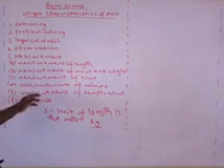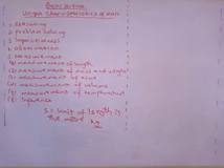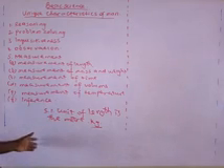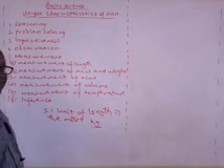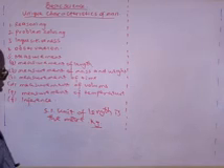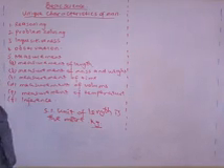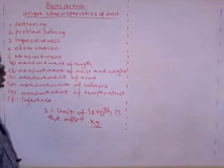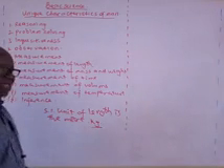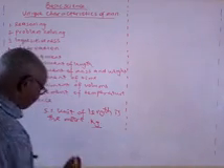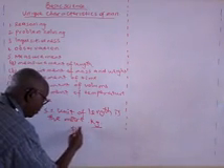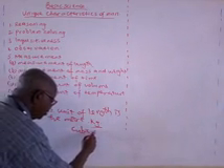Then measurement of volume. For measurement of volume, we use several instruments like measuring cylinder, beakers, round bottom flasks in the laboratory. And the SI unit of volume is the cubic centimeter.